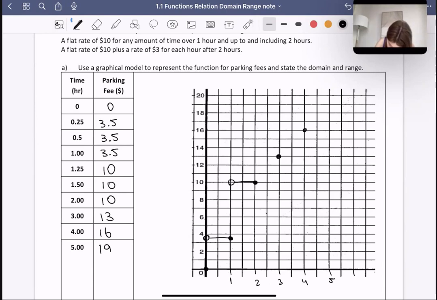Then here, and so on, right? We continue to go up that way. All right. Let's draw a line through there. There we go. Amazing. Perfect.